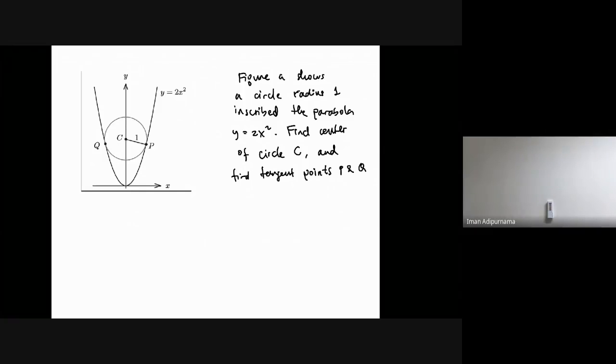You get the distance equation: (y1 minus y2) squared plus (x1 minus x2) squared, right? The distance. Because it's only 1, then you can evaluate the point. Okay?